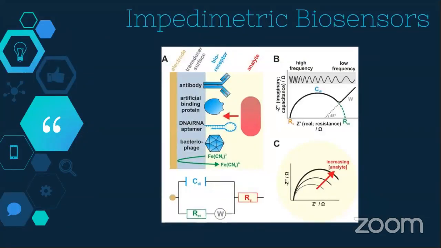Then the impedometric biosensor, also called electrochemical impedance spectroscopy, is a responsive indicator for a broad range of physical as well as chemical properties. As you can see in the diagram here, antibodies, artificial binding proteins, DNA, and RNA aptamers are involved. A rising trend towards the expansion of impedometric biosensors is presently being observed.